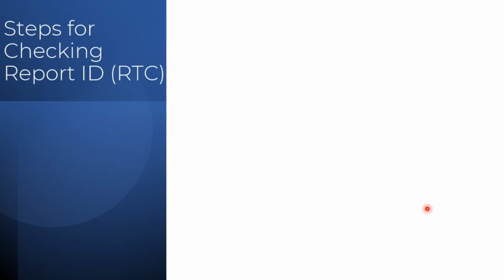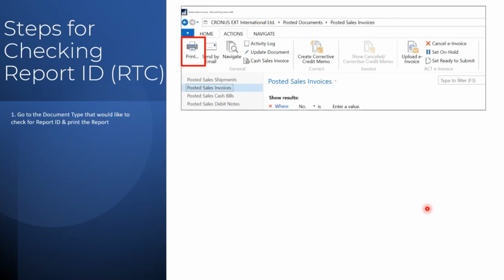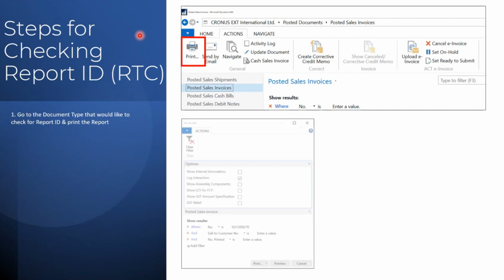Okay, and if you are using 2017, 2018, 2016, 2013, 2013 R2, you will need to use the following steps. It will be similar to what we did in BC just now. Just go to the listing page and click print. It will show the report option page also.